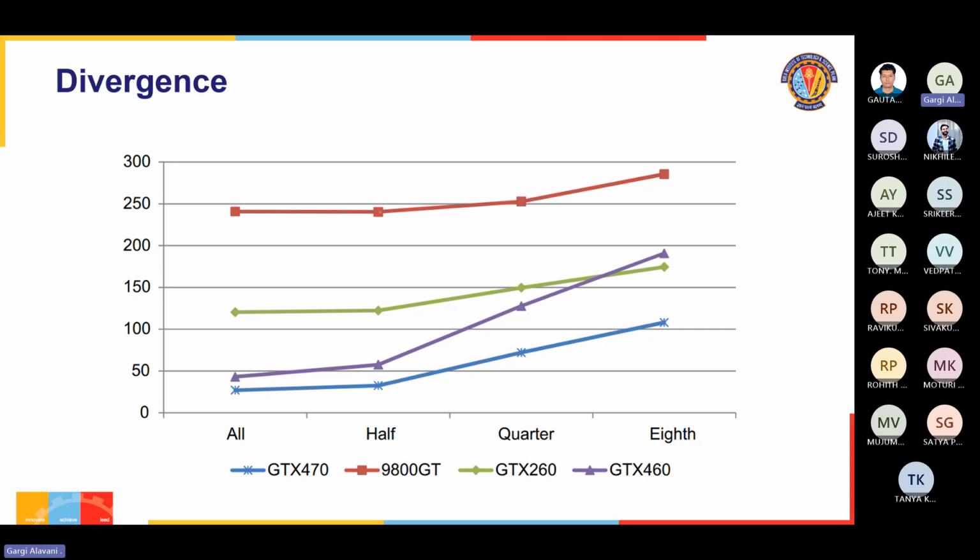So this is the figure showing how the performance degrades, and it is quite consistent across the GPUs.